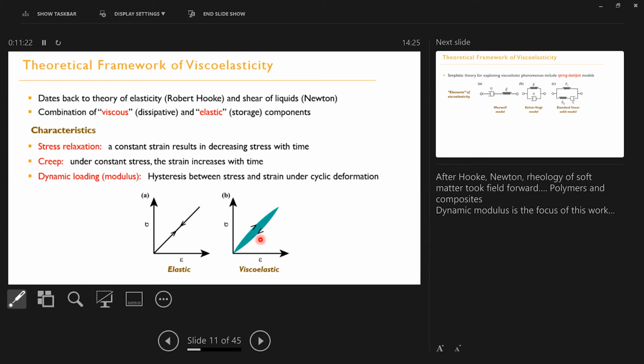But if, hypothetically, you're deforming it at very high strain rates, like several million cycles per second, then it will behave as an elastic material. So even liquid water, if you deform it in the terahertz regime, at very high frequency, will behave like an elastic material. So this is highly dependent on the rate of deformation. We'll discuss that in the next video.